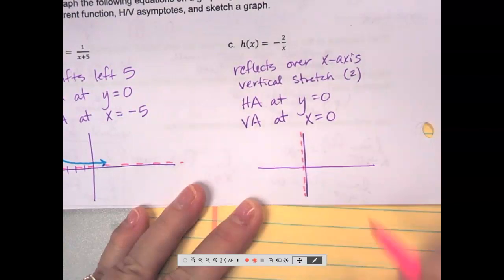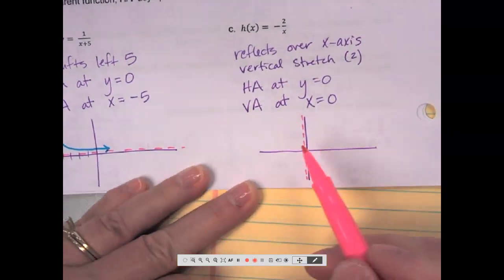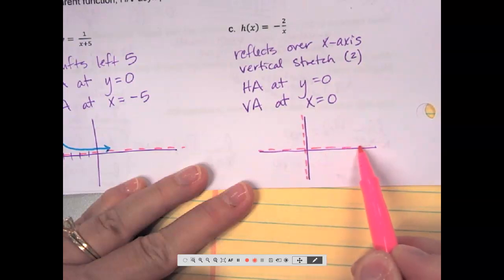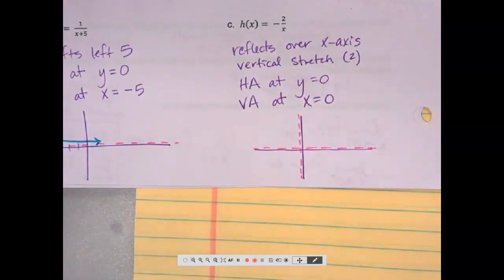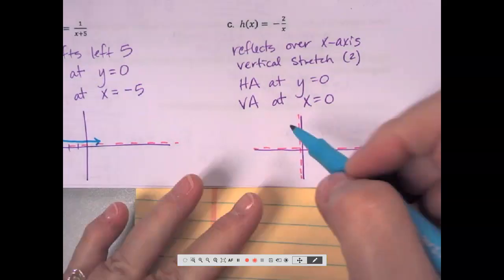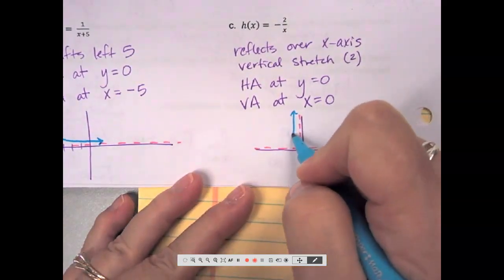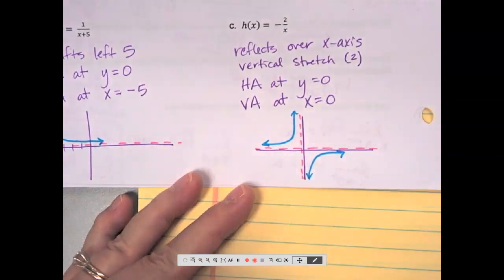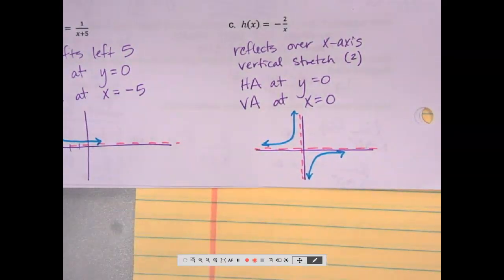And these are technically on the axis. I'm just doing them right next to them so they show up. And then my graph fills in this quadrant and that quadrant. It's still called a hyperbola.